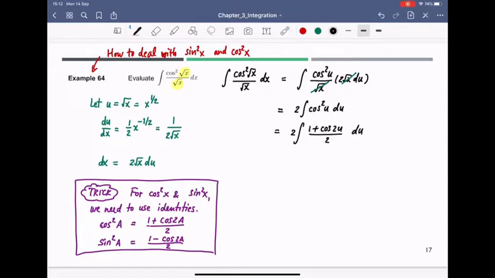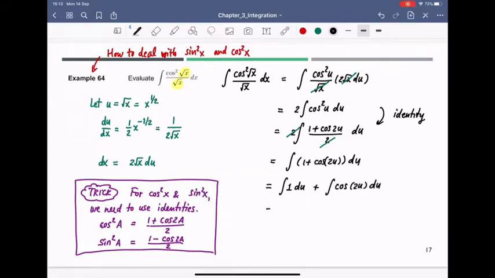That's how we did it. And then we just cancel the 2. By the identity, I then have the integral of 1 plus cosine 2u du. And hopefully now you can integrate that. It's going to be the integral of 1 du plus the integral of cosine 2u du.